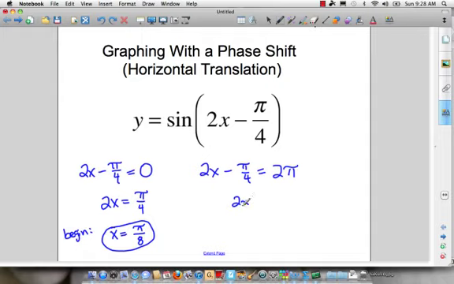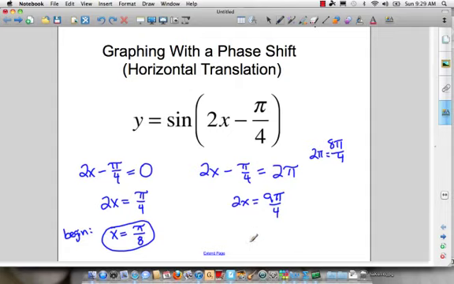So I have to add pi over 4 to both sides. I'm going to think of 2 pi as 8 pi over 4, because when I think about it that way, I'll be able to add the pi over 4 and get 9 pi over 4.